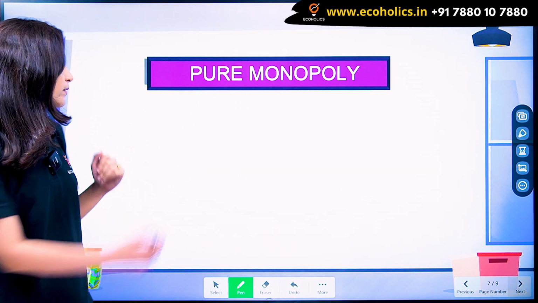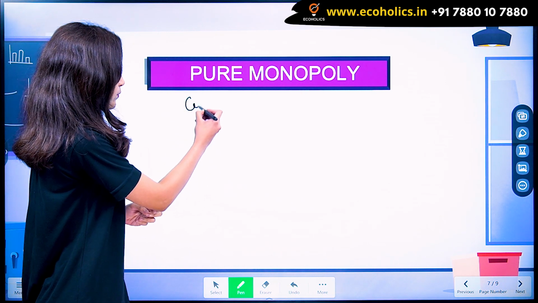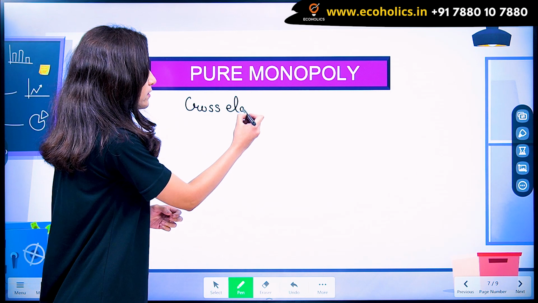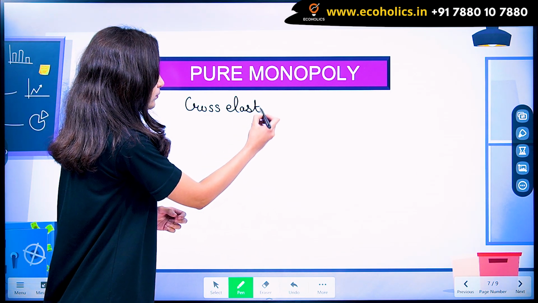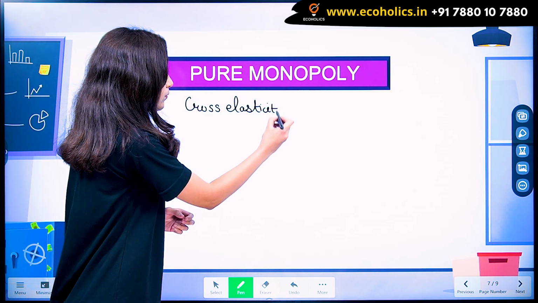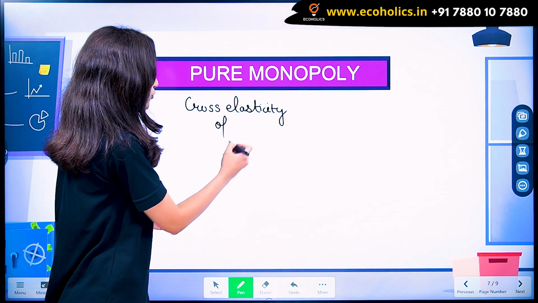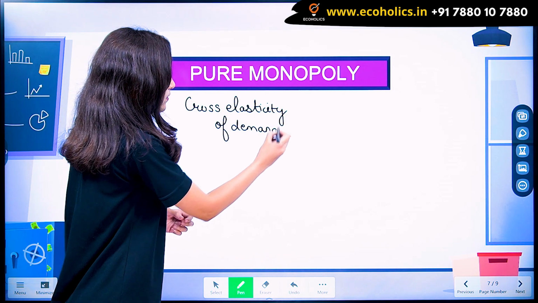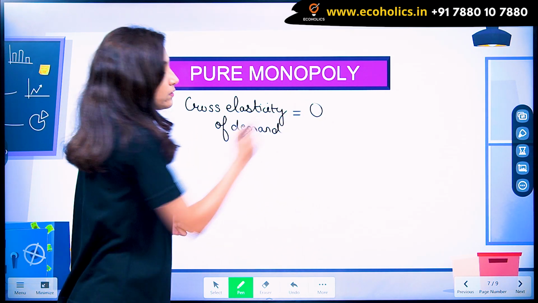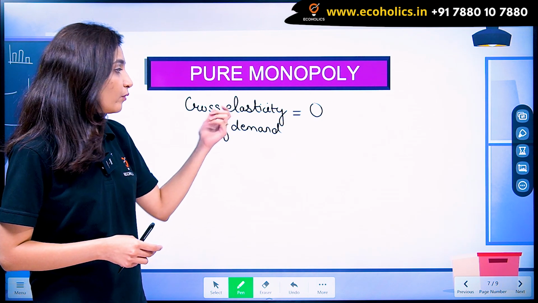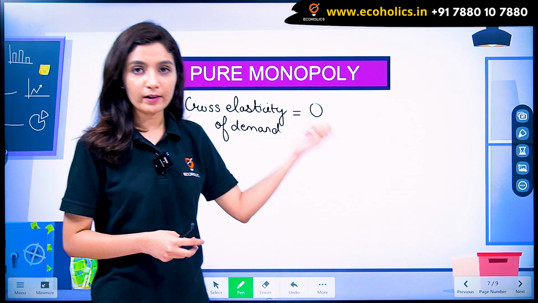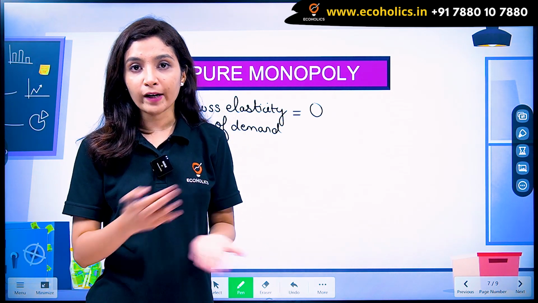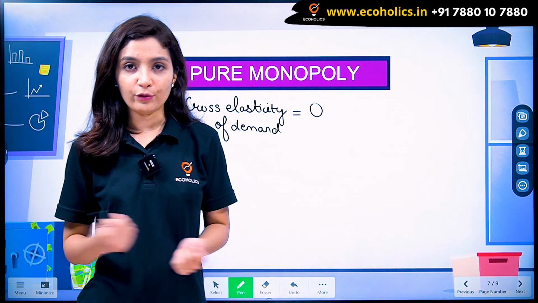In this case, we have cross elasticity of demand as 0. When the cross elasticity of demand is 0, the demand is not at all affected by the price of other firms.